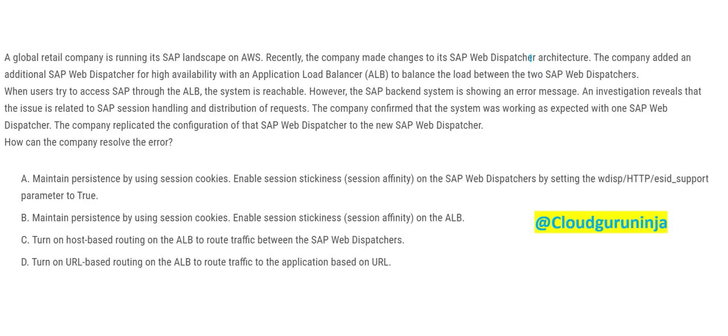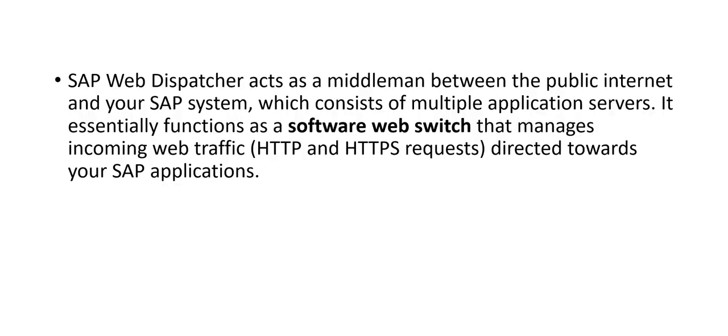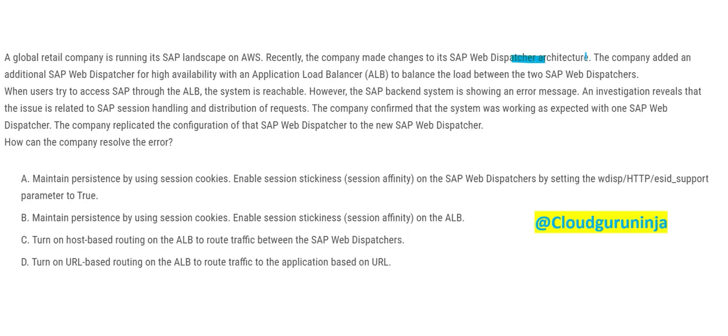See this, we are making use of this web dispatcher, which acts as middleman between internet and your SAP system. It has multiple application servers. So what is happening? They have two web dispatchers. They have connected with ALB, but backend is showing error message. Front end is fine, but backend is showing error message.